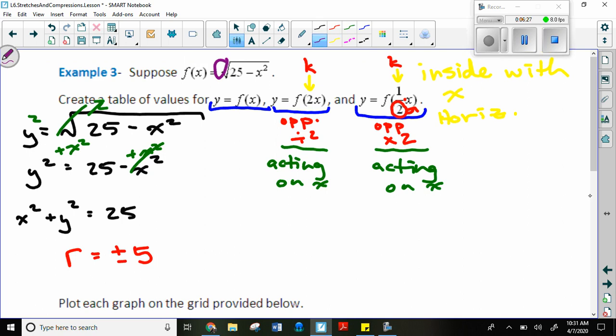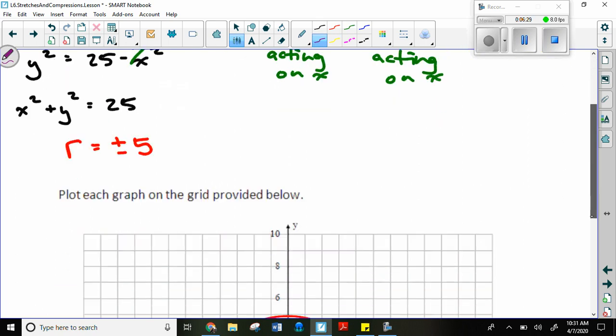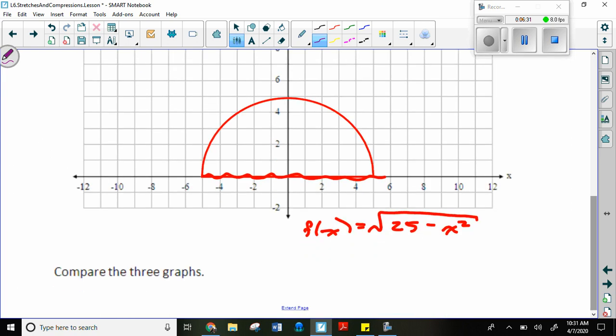So we'll make it purple. Divide x values by 2, nothing happens to the y values. So if I divide this x value, which is 5, by 2, it's going to go to 2.5. And nothing's going to happen to the y value. The y value stays 0. If I divide this x value by 2, it's going to stay where it is.